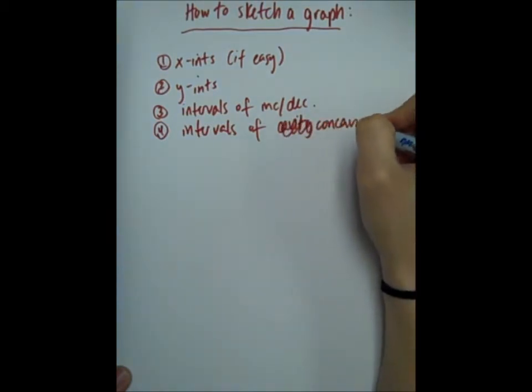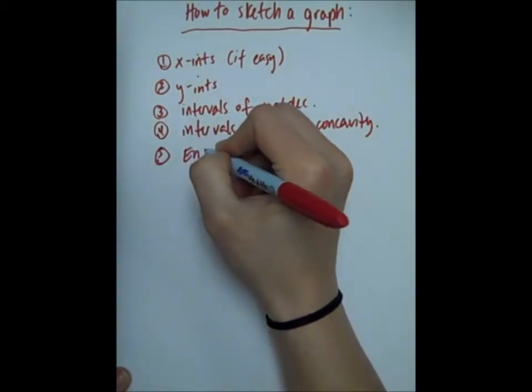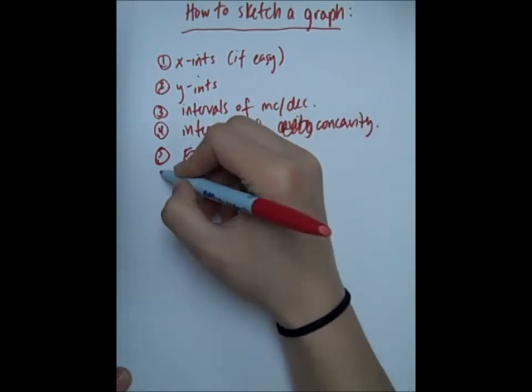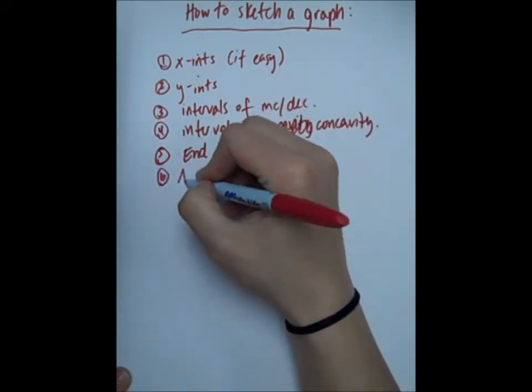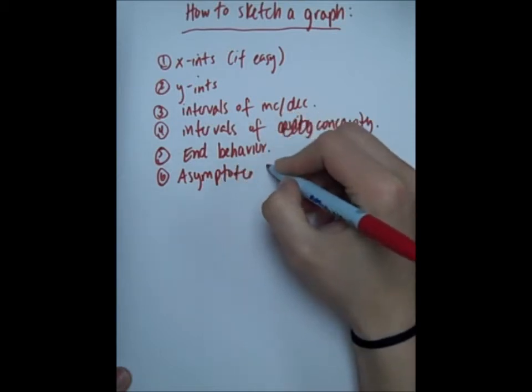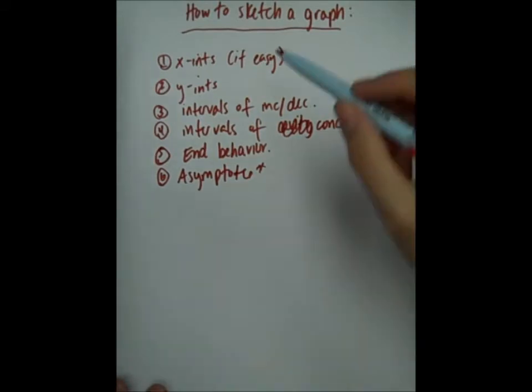We're going to find end behavior. And we're going to find asymptotes. I'll put a star beside that, because not always. Sometimes there won't be any asymptotes, so we won't necessarily look at that, but we're going to find asymptotes along with the end behavior. So let's go through these.